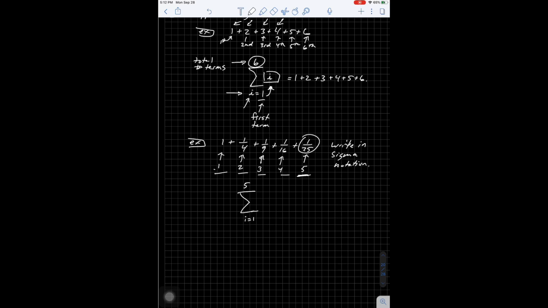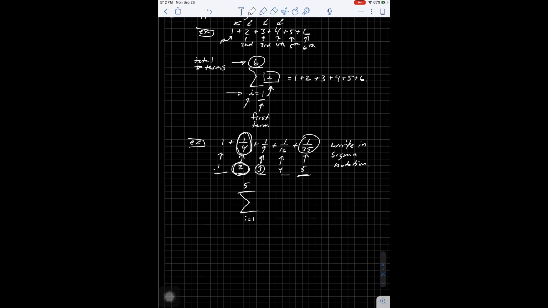And then how do I get this term in my sum from this number here? That pattern that you explain is what you want to write in math language. Well, I take what term I'm on, I square it, and I put it under a 1. That's the pattern that I'm seeing.